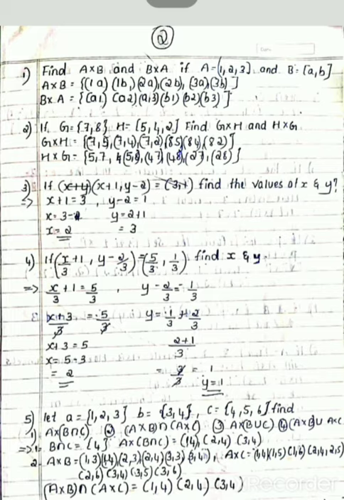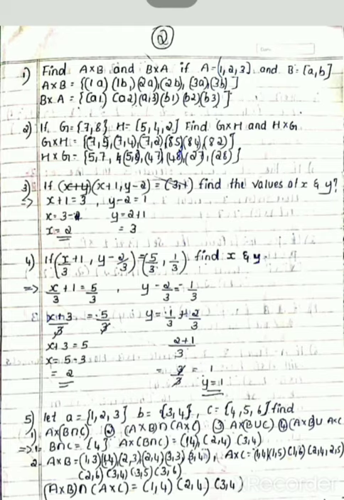So A cross B, see A is the first set. So the first element should be the elements of set A. So see there, (1, a), (1, b), (2, a), (2, b), (3, a) and (3, b). The elements are separated by commas. And see B cross A, just reversed.